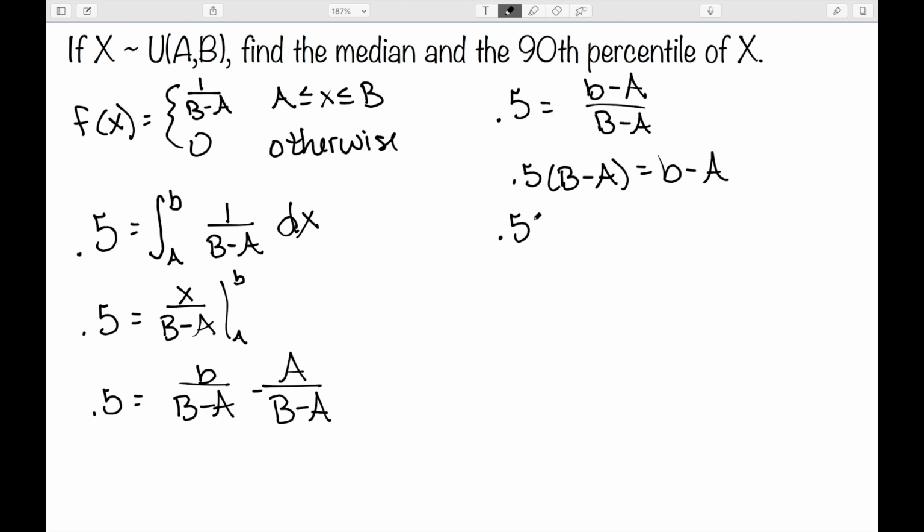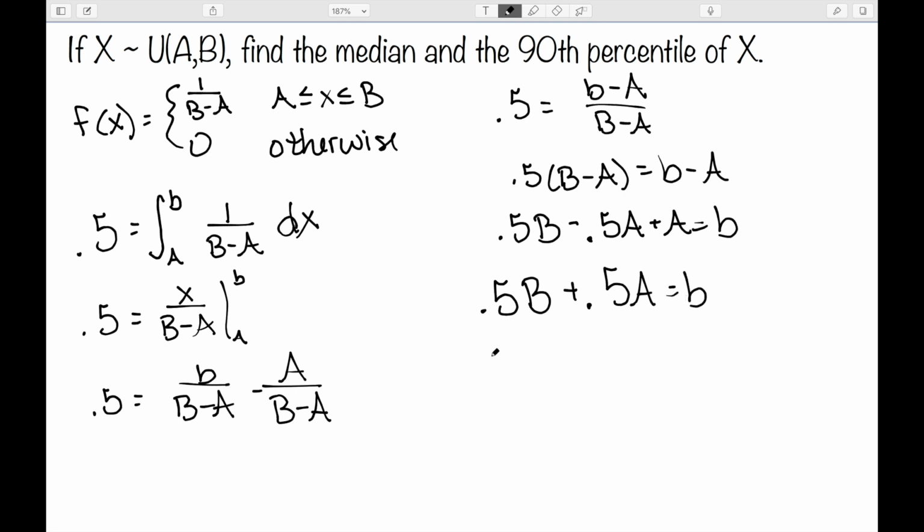So we end up with 0.5b minus 0.5a when I distribute this out, and then I want to add an a. So the median is given by 0.5b plus 0.5a, or 1/2 (a plus b). So it is exactly the midpoint of this interval a to b.